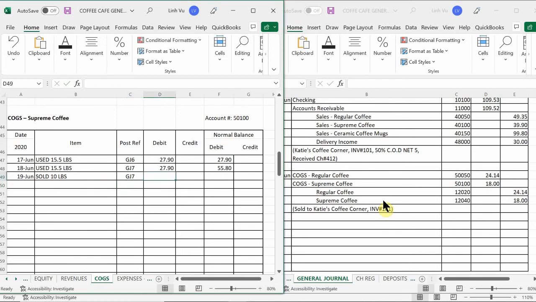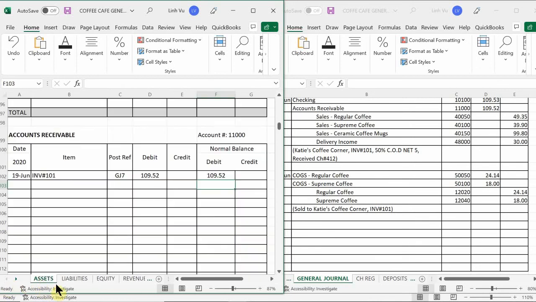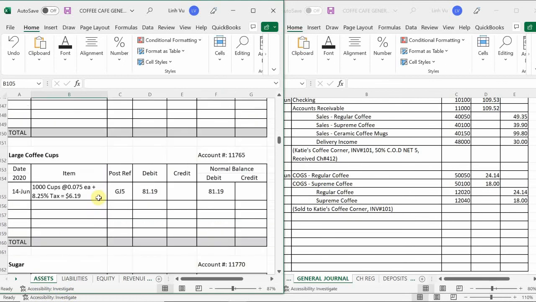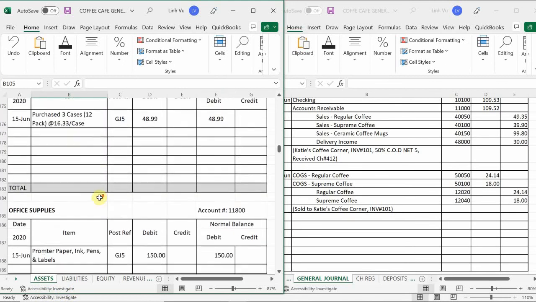So what's my grand total? $73.80. Good. And now, last but not least, I need to update my coffees. I need to represent that I got rid of it.